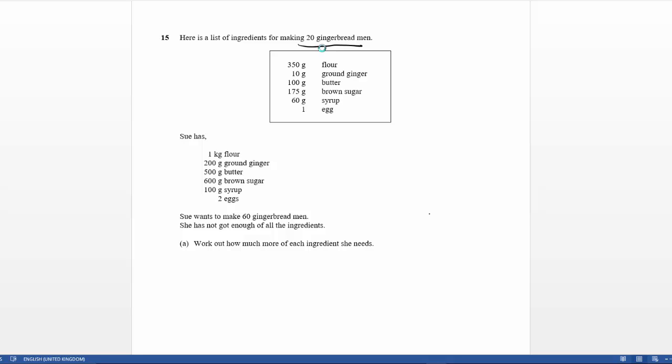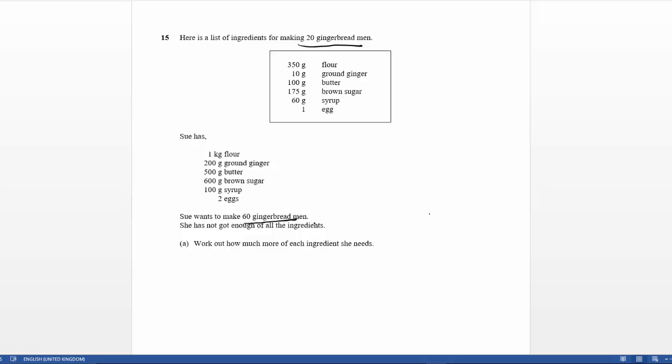Sue has 1 kilogram of flour, 200 grams of ground ginger, 500 grams of butter, 600 grams of brown sugar, 100 grams of syrup, and 2 eggs. Sue wants to make 60 gingerbread men. She has not got all of the ingredients. It says here she has not got enough of all of them.